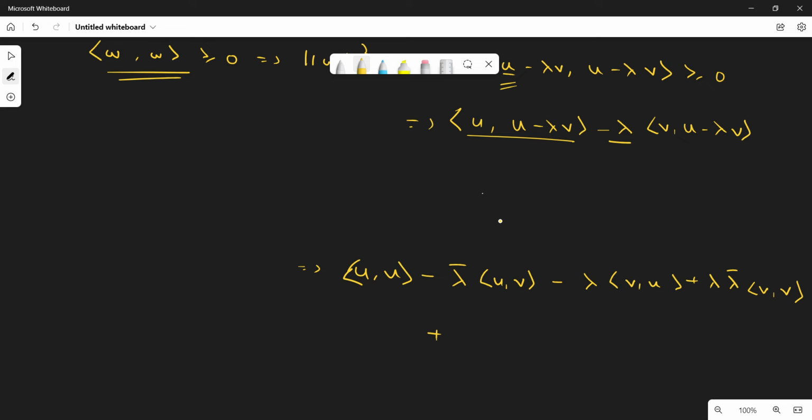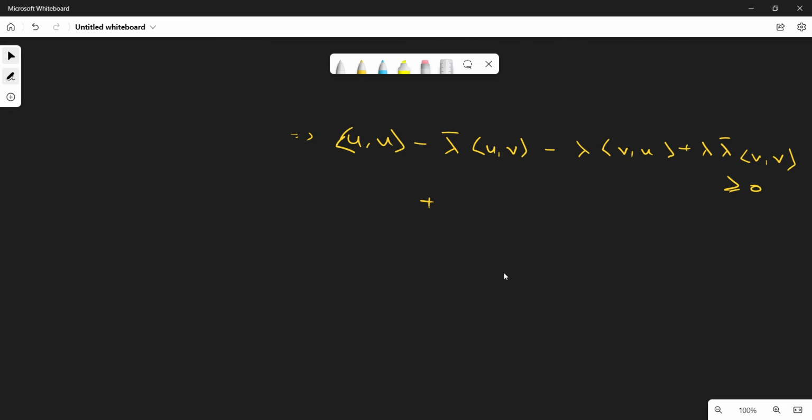I have already distributed this, so this no more remains distributable from the second variable inside the inner product. So this is the final result you are getting, greater than or equal to 0. Yeah, now it's correct.